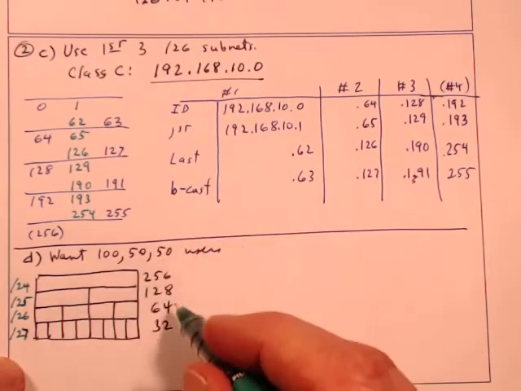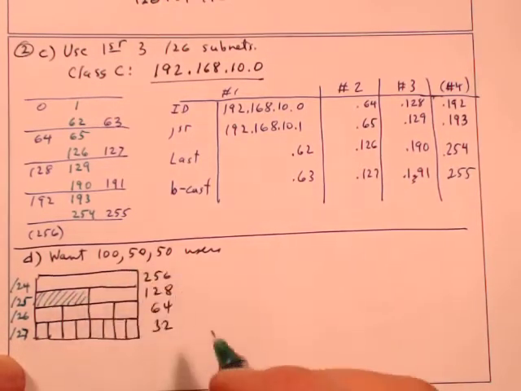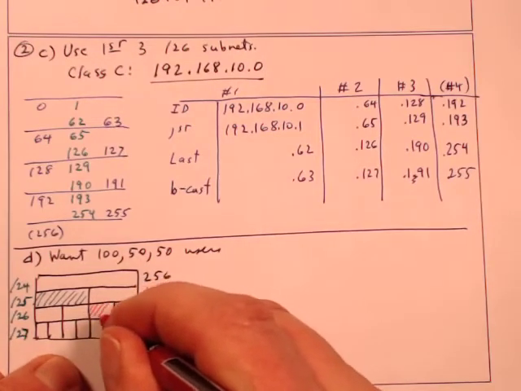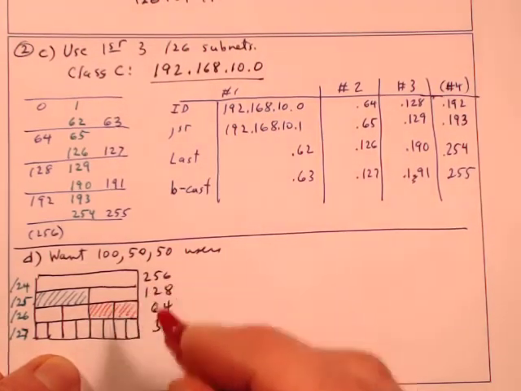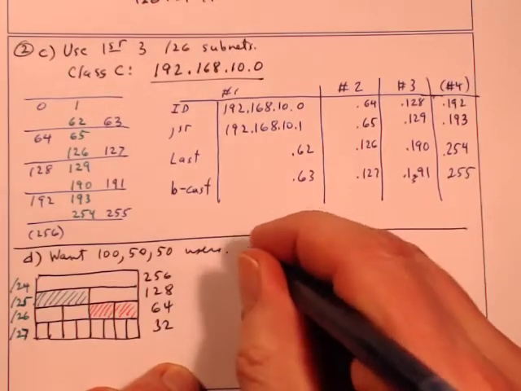And it turns out we can do that because we have 128 in the first half of our block. And then we can break the second block up into 2 pieces of 64. And that's exactly what we're going to do. We're going to use a single slash 25 and then 2 slash 26s.